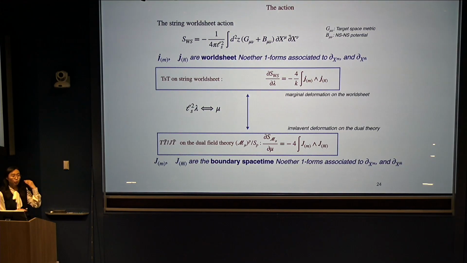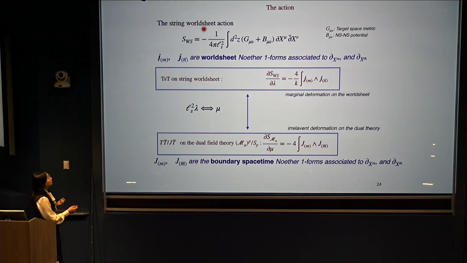If we do a TsT on the worksheet, you can show that the worksheet action satisfies a very beautiful formula. The derivative with respect to this lambda, the TsT parameter, can be written as the current of these two U1s that you do TsT with, and these currents are the instantaneous currents at parameter lambda.